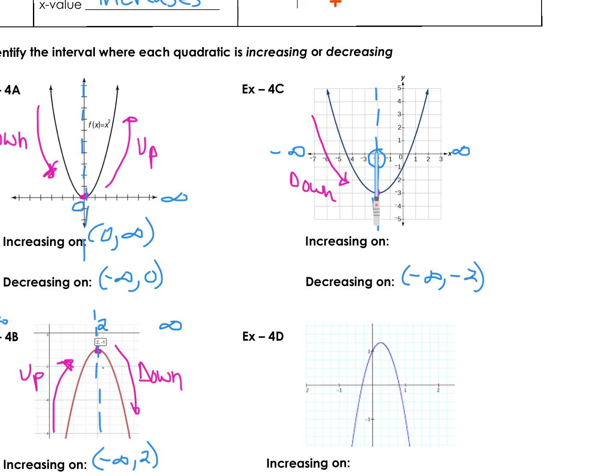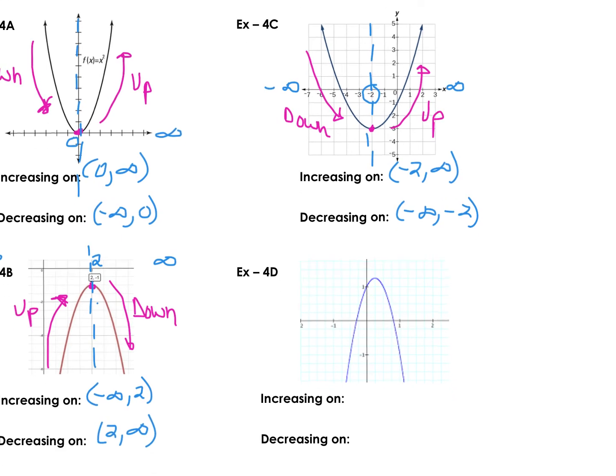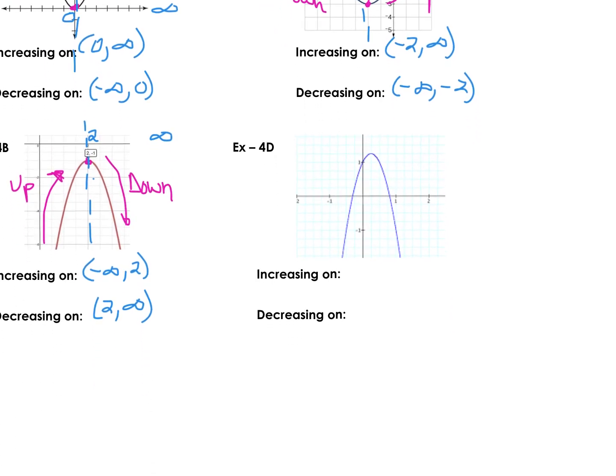So then as we go from -2 to infinity, ride that roller coaster. Now y is going up. Okay, so that's increasing from -2 to positive infinity. And then finally, 4D. Our vertex is right here.